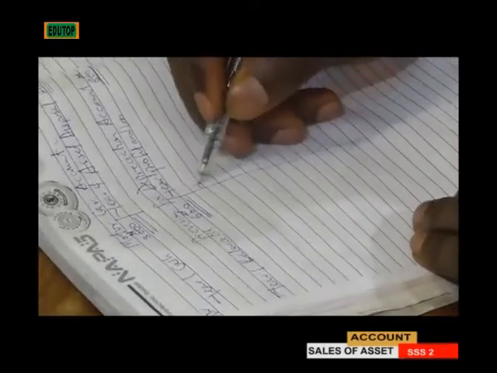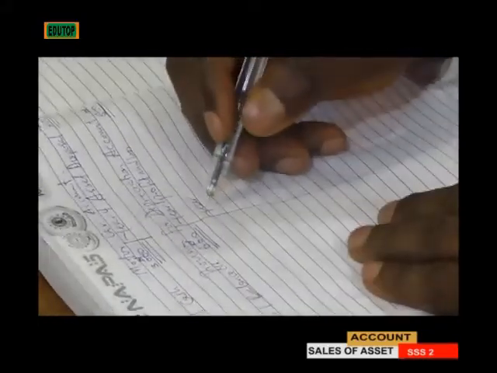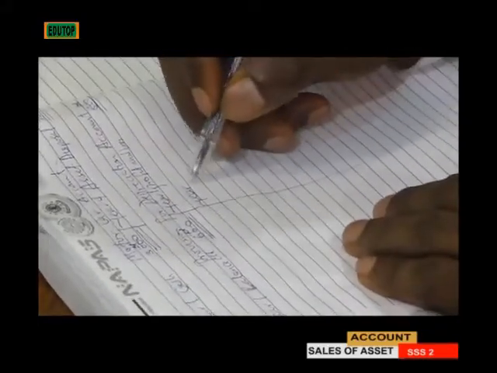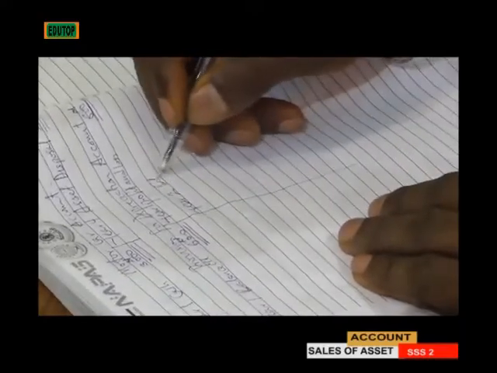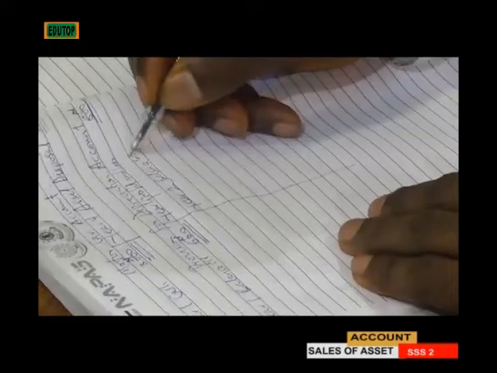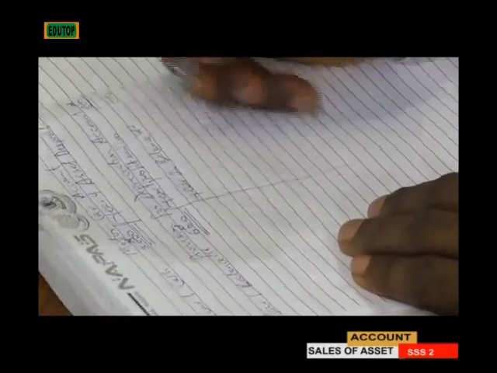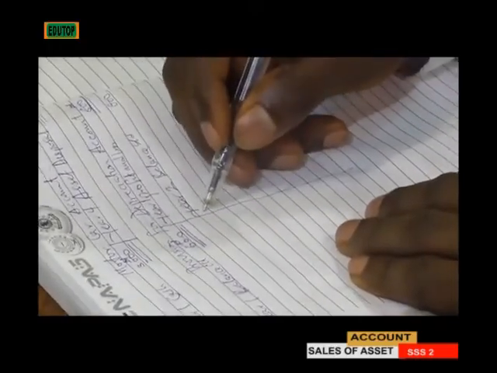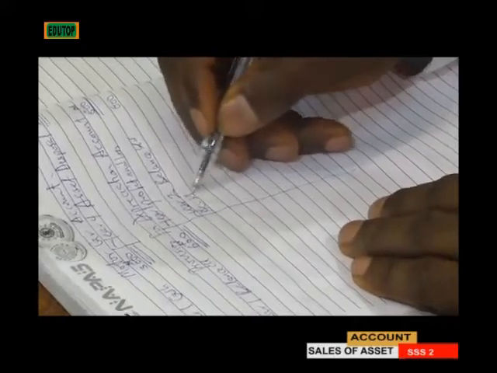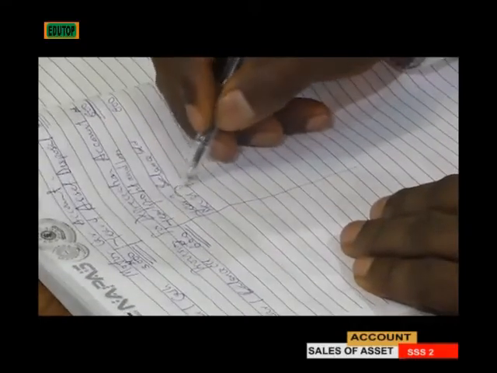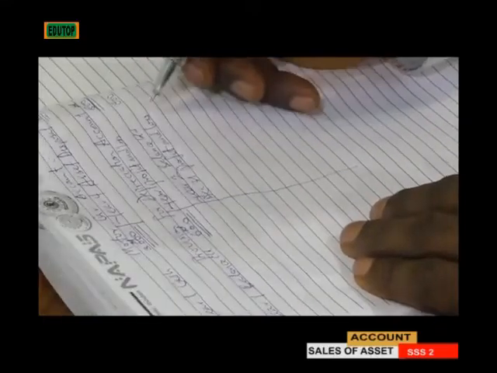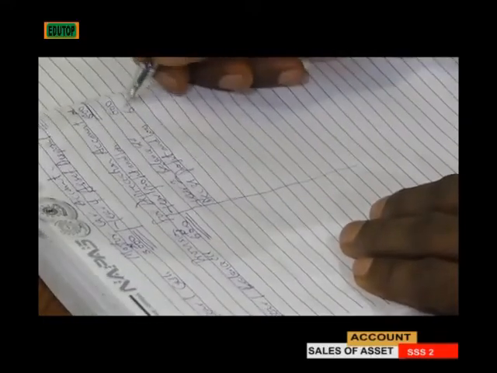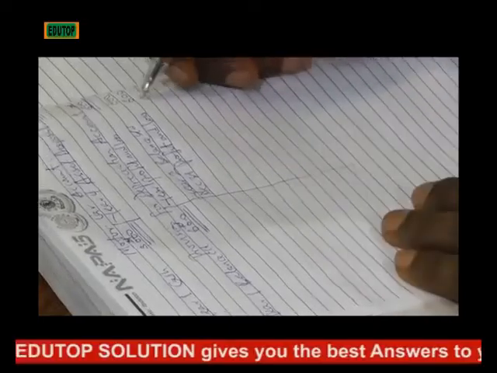Then year 2, we have, you brought it down, balance BD, which is 600. Then depreciation, December 31st, profit and loss, the same amount, which is 600.